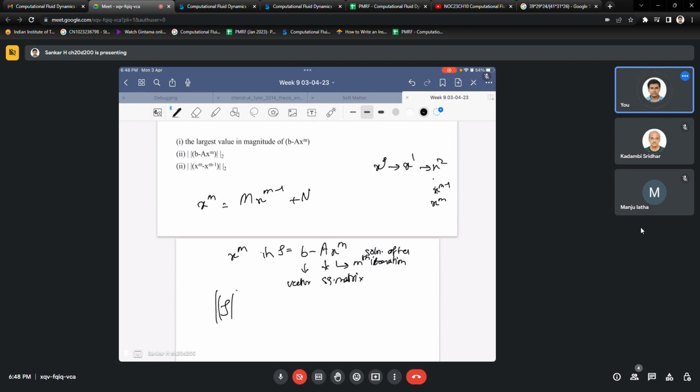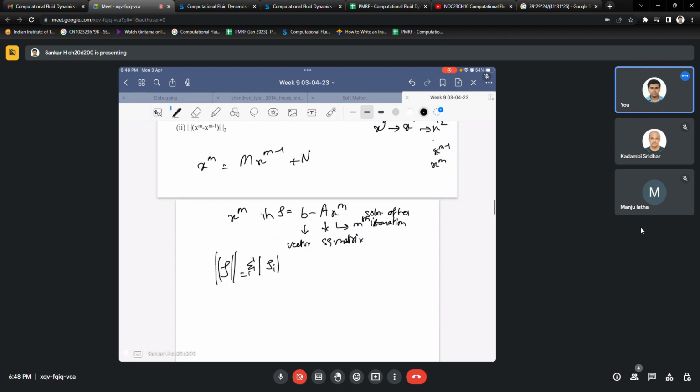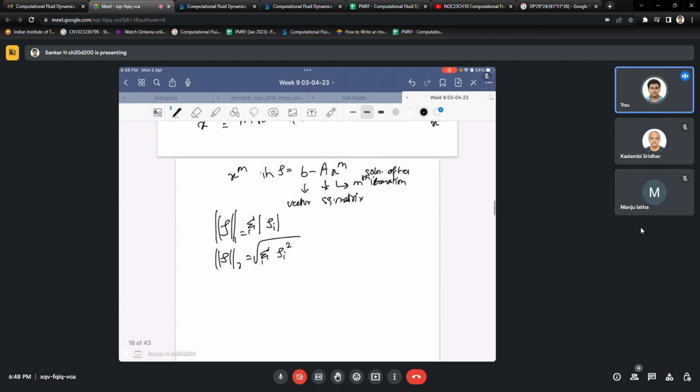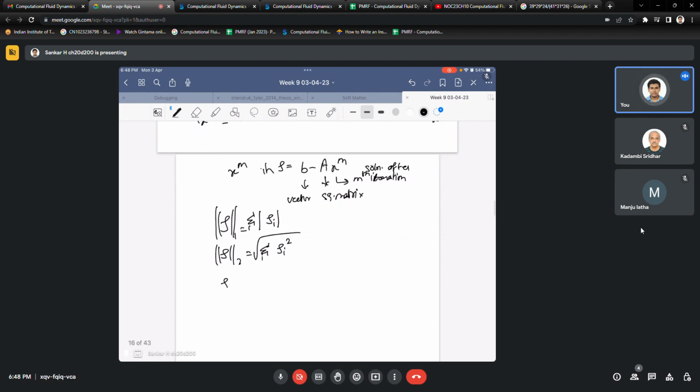The first norm is basically the sum of the absolute values of the elements of the vector. This is norm 1. The second norm is basically the square root of the sum of the squares of each element in the vector, and so on.